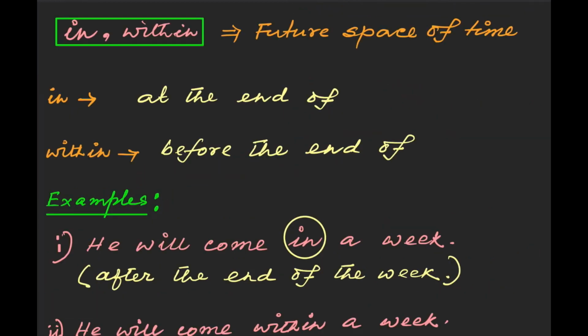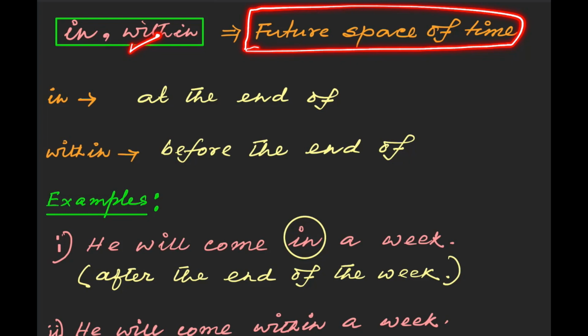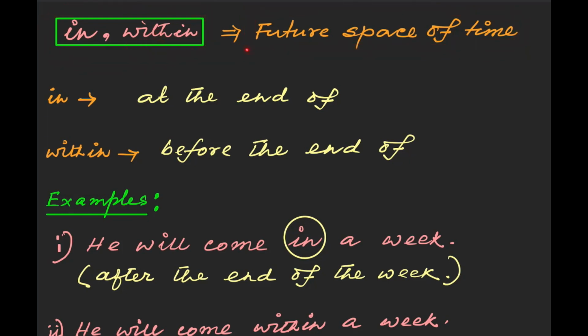Now see, in and within, future space of time. You have already learned that in and within are used to denote the future space of time. But how? See the difference. They have a slight difference between them. See, in is used to denote the future space of time, it is true, but at the end of future space of time.